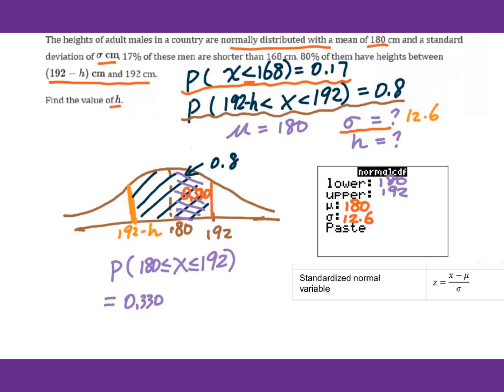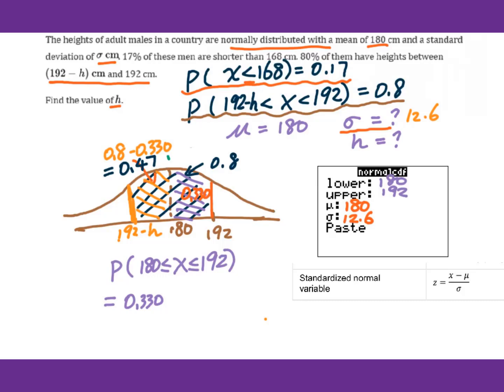So this part is 0.330. Therefore, this area between 192 minus h and 180 will be 0.8 minus 0.330. You will get 0.47.